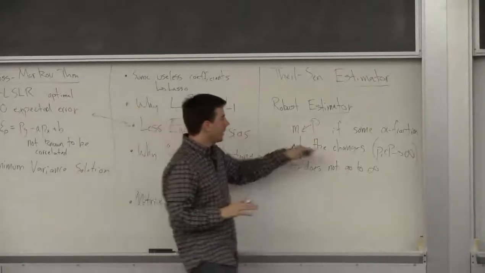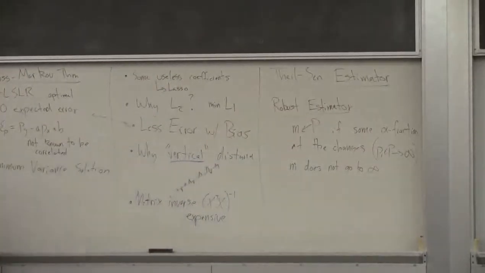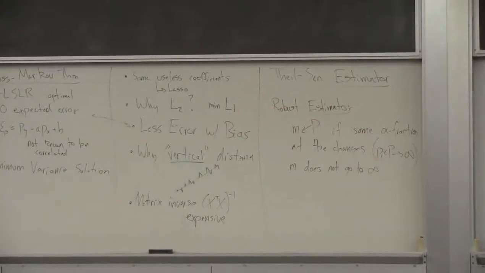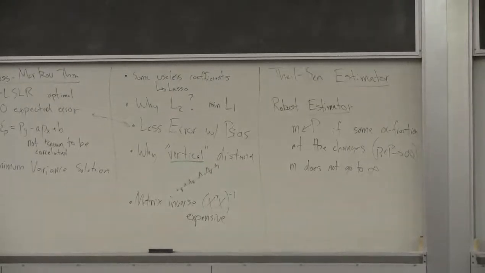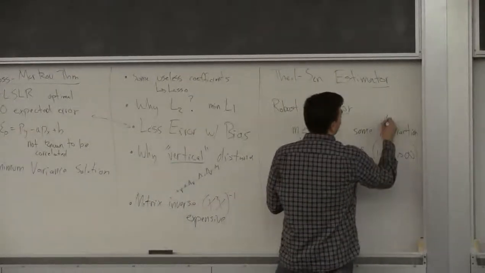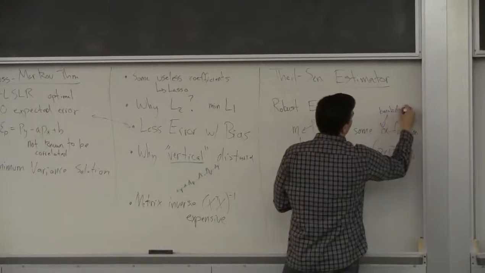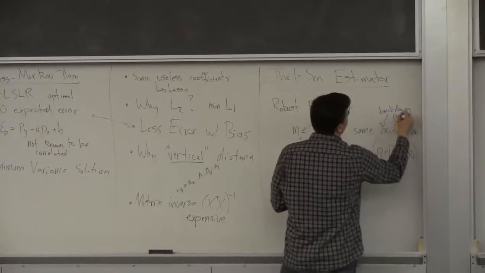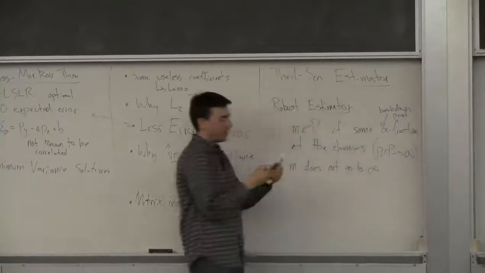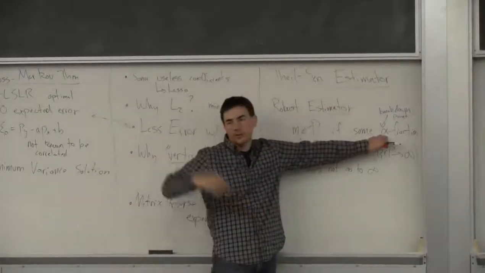And alpha is some parameter, and what was the exact term? Yeah, alpha is what's known as the breakdown point. So how large can I make alpha? The best you could possibly do is to move half the data away to infinity.